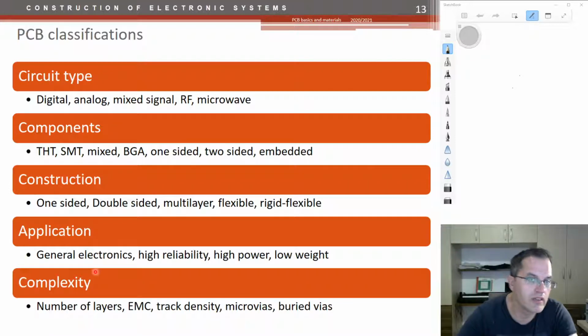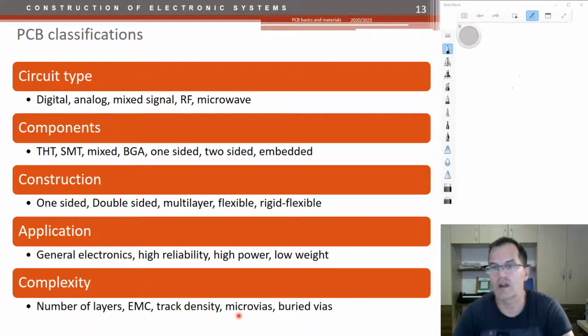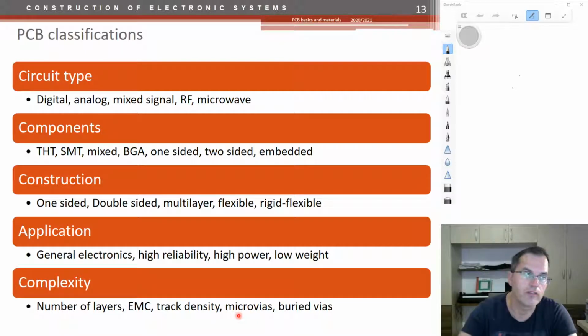What is the number of layers? Is electromagnetic compatibility a problem? Should it be lowered? What is the density of the tracks? Are very small wires, so-called micro wires, used? Are wires also buried, and so on? All that depends on these criteria, and decides what kind of material you will take for the printed circuit board.